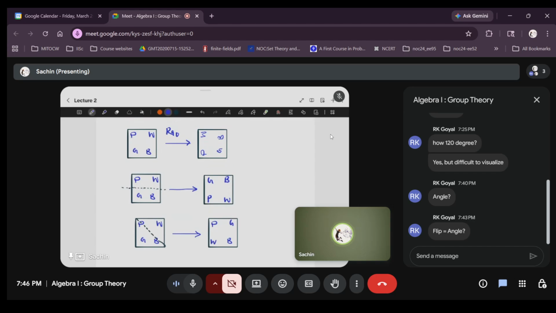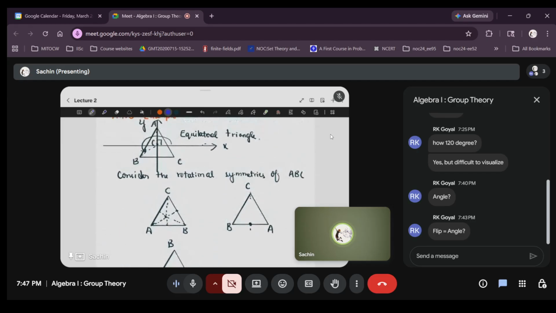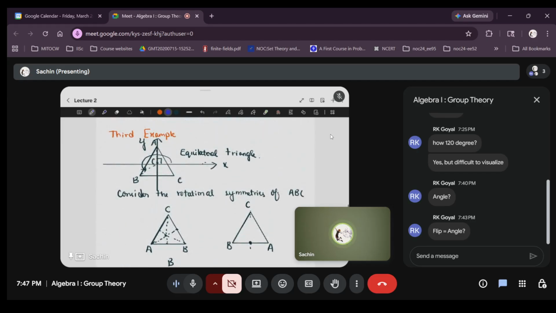For a polygon with an even number of vertices, there are two different kinds of flips you can do. One kind of flip is through an axis that passes through midpoints of two opposite sides. Another kind is an axis that passes through two opposite vertices. But for a triangle, you would have only one kind of flip, through an axis passing through a vertex and its opposite midpoint.